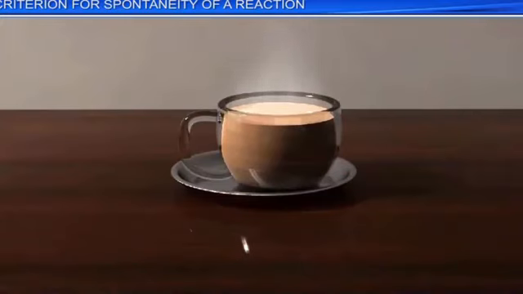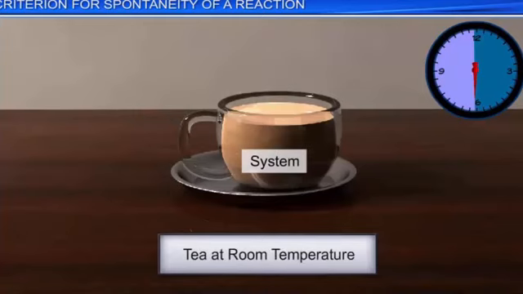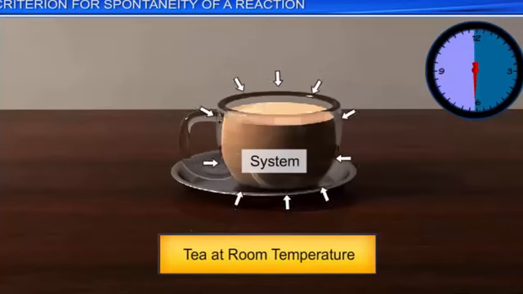Thus, after a while, the hot tea cools down. Keep a cup of tea, which is at room temperature. Will the heat from the surrounding heat the cup? No, that is not possible.